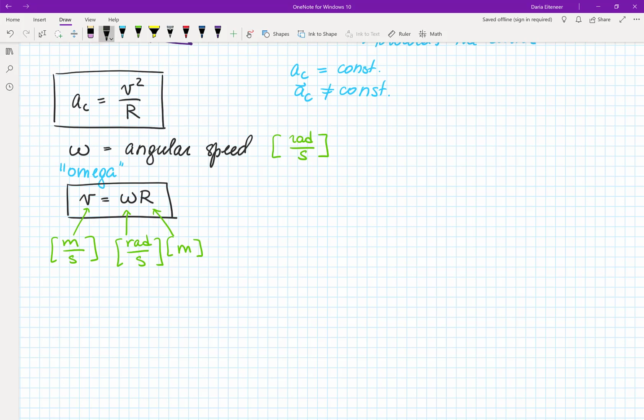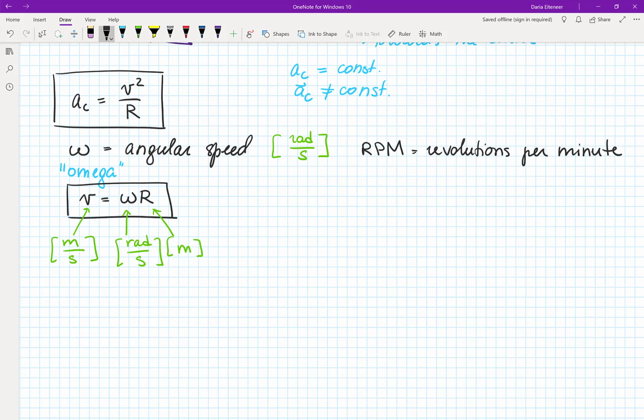A lot of times in everyday language, people would talk about RPM. So RPM stands for revolutions per minute. And I'm sure you know that term, revolutions per minute. You've heard that term RPM before.